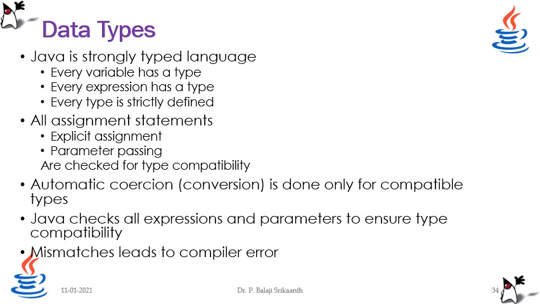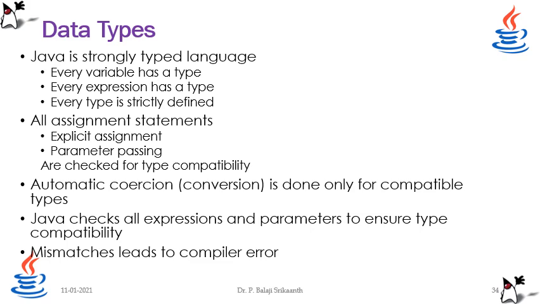Every variable has a type. Every expression has a type, and every type is strictly defined. All assignment statements are explicit assignment statements or parameter passing statements. When assignment statements are executed, it is checked for type compatibility.